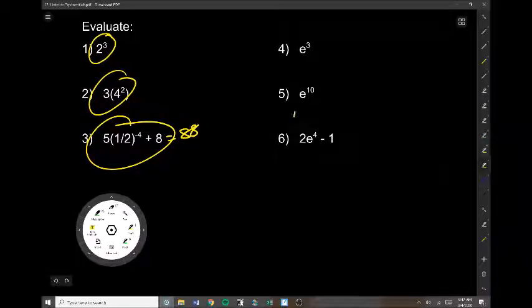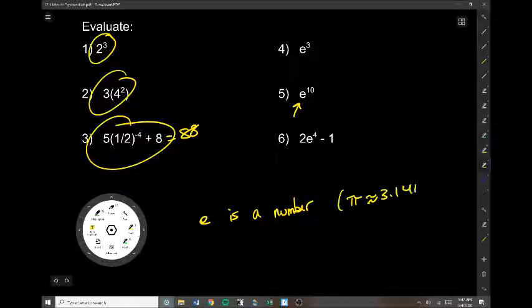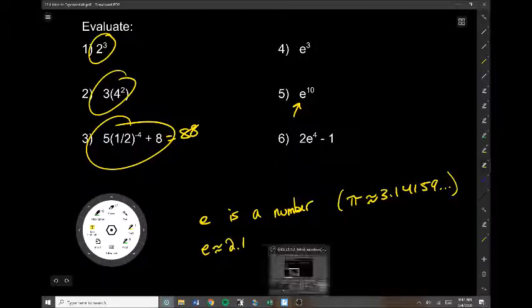But I want to talk about this. e is a number, kind of like how pi is a number. Pi is a Greek letter, like in the Greek alphabet, one of the letters is called pi, like how one of our letters is called T. e is also a number, 2.718.